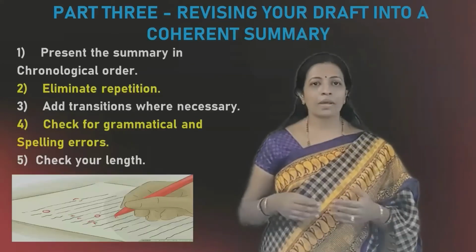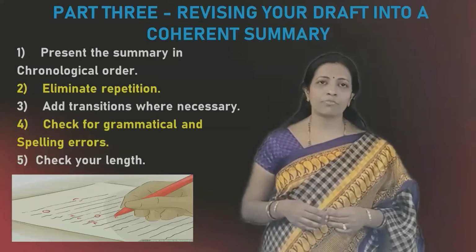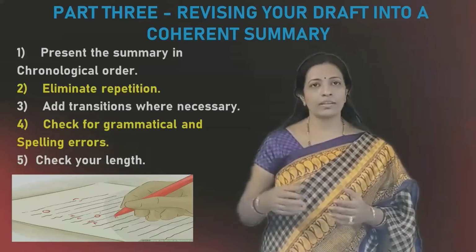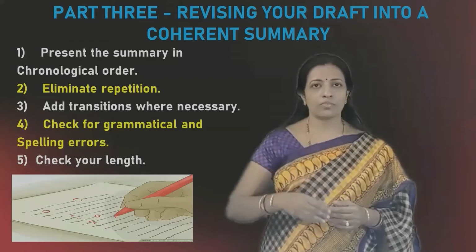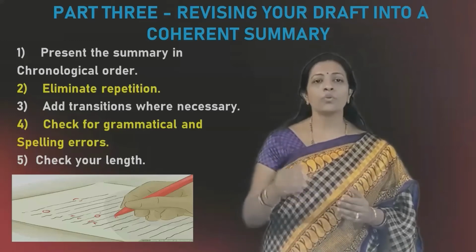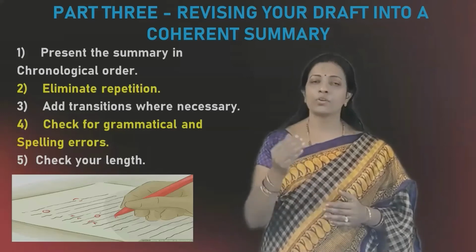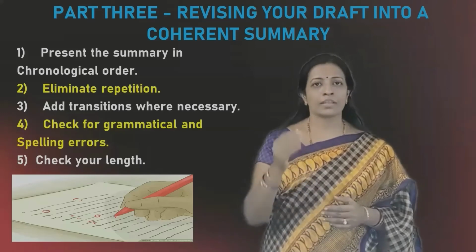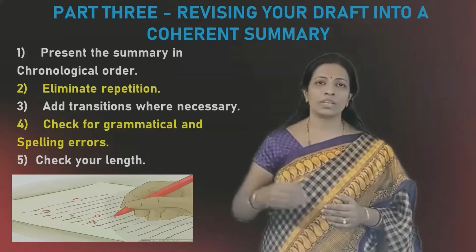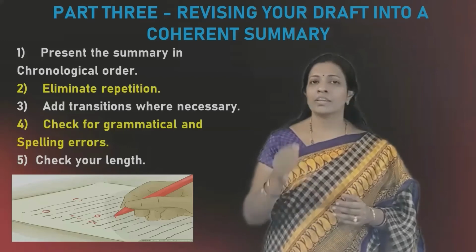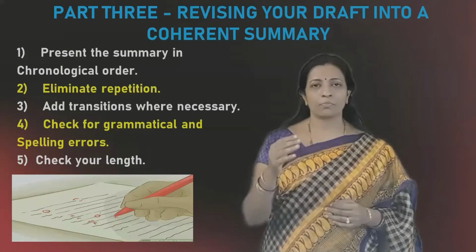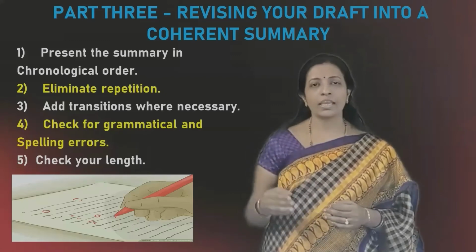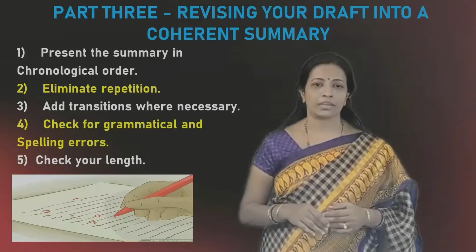Now the last part is revising your draft into a coherent summary. So all the main points which you have noted down, now you should present it in a proper chronological order. There should be some link between the different sentences. Try to eliminate all kinds of repetitions. If a point seems to be repeated again, please eliminate it immediately.